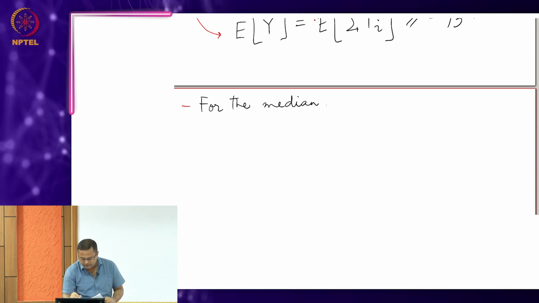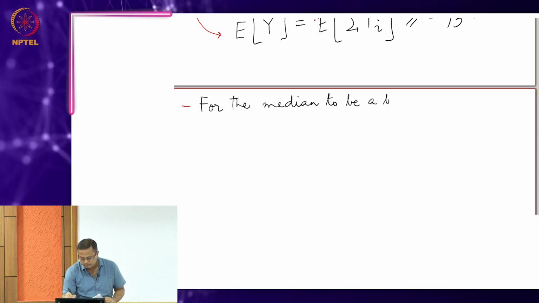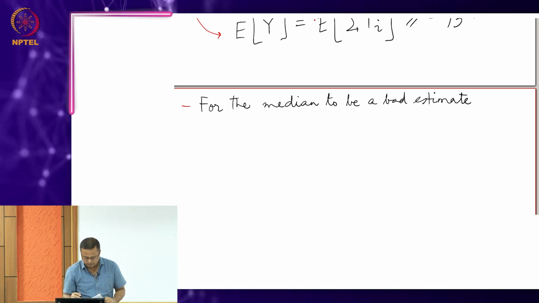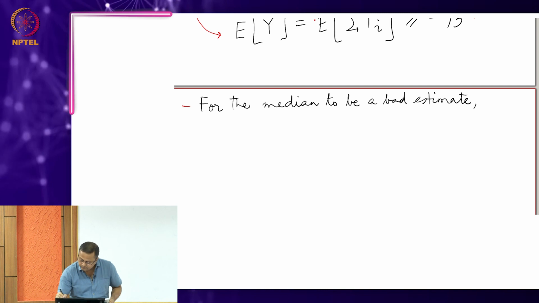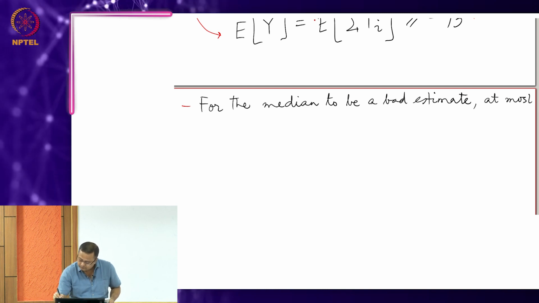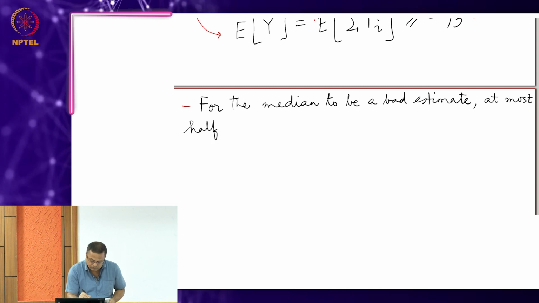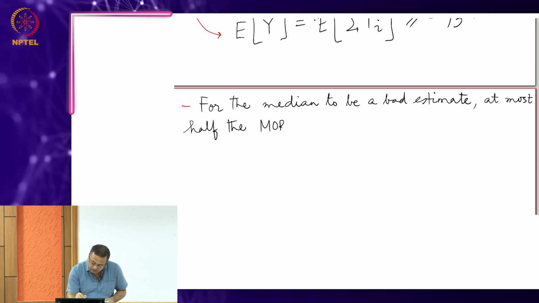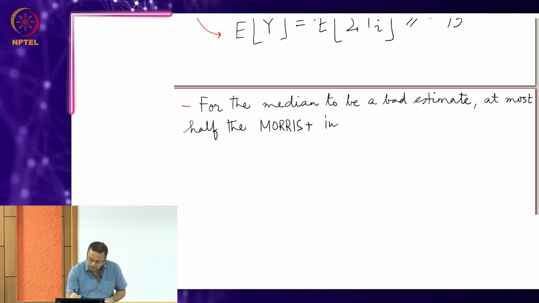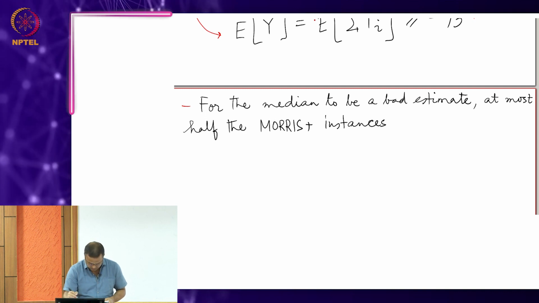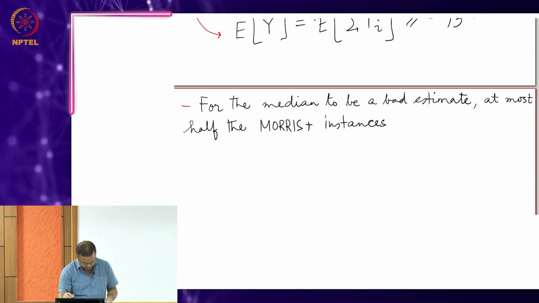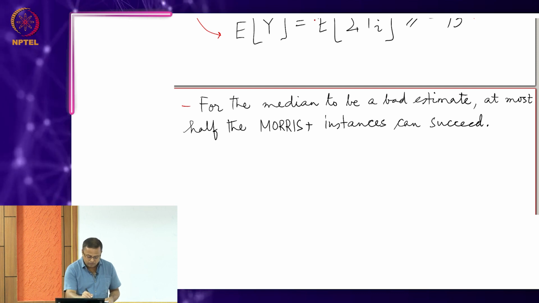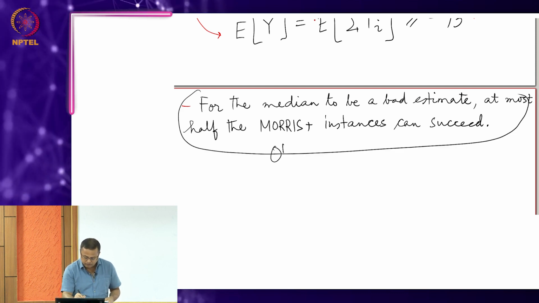Now for the median to be a bad estimate, this is the crucial observation.